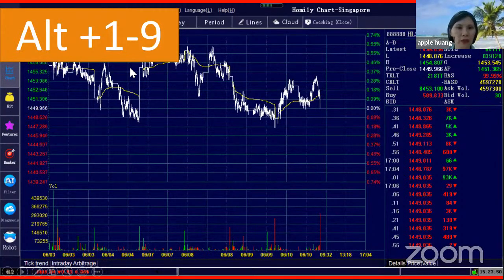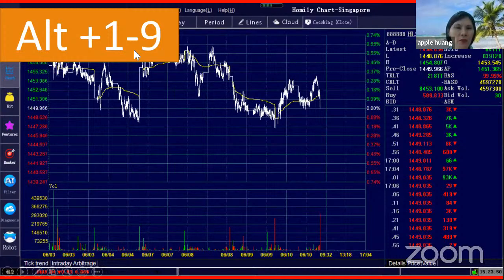If you press ALT plus 9, then it will show you the 9 days tick chart. If you press ALT plus 1, it only shows you 1 day. So it depends on the digits you choose.